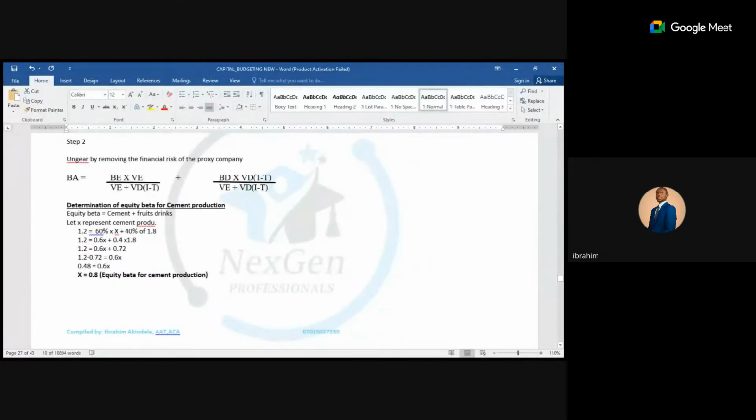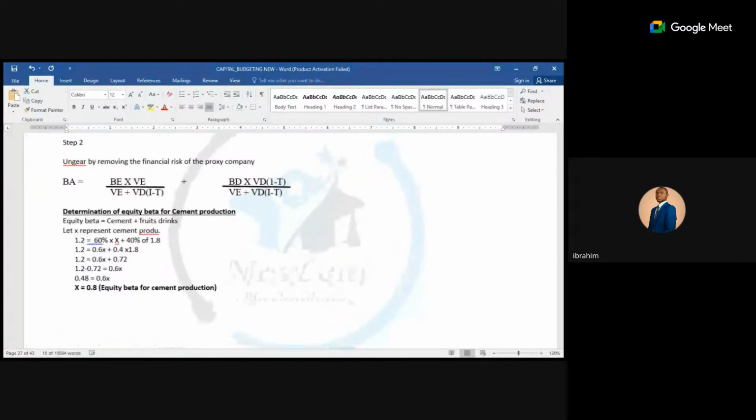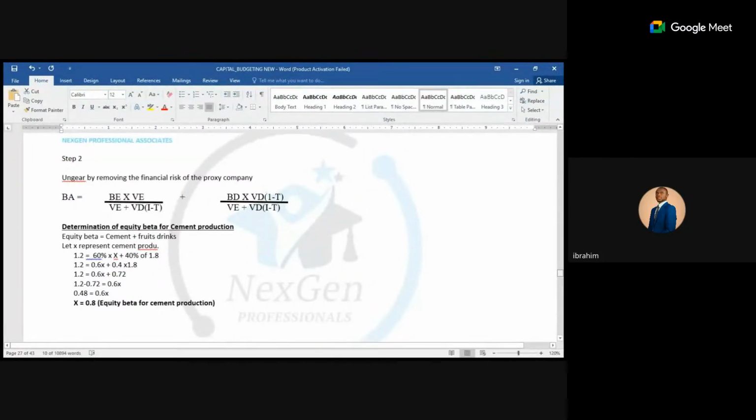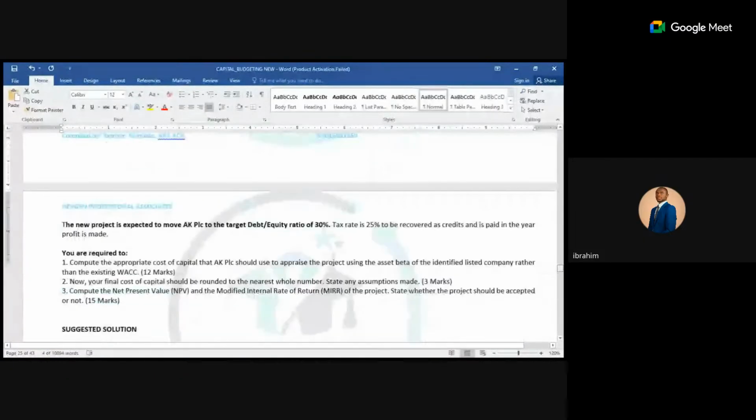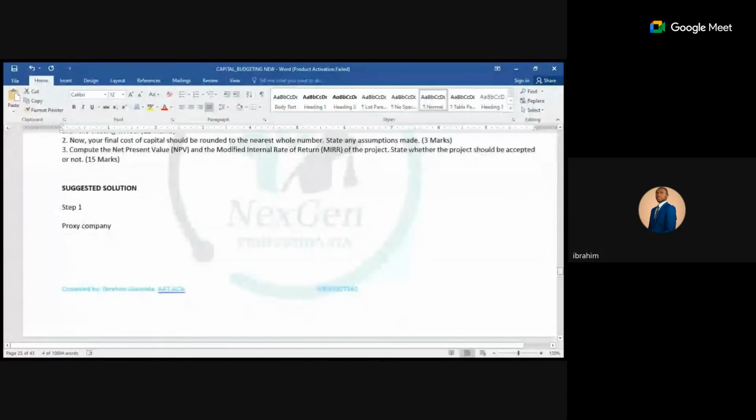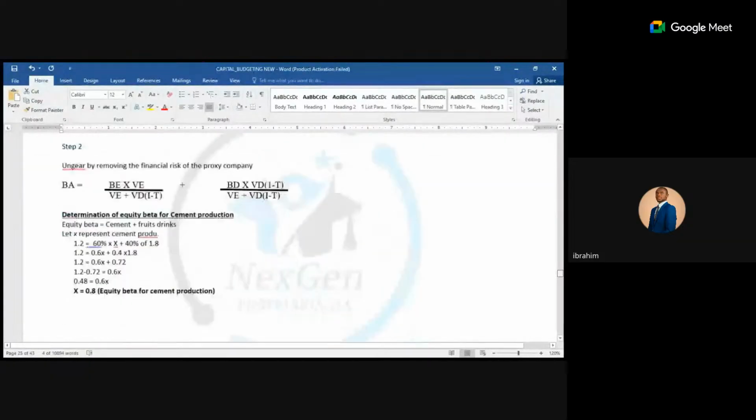So now, let's quickly go back to the question, right? And don't forget that the beta debt is given to be 0.4. The debt to equity is given to be 40%, right? So beta debt is given to us in this question. So definitely we have to continue.